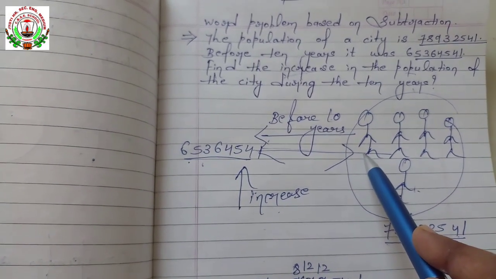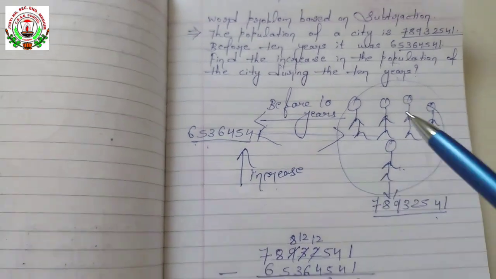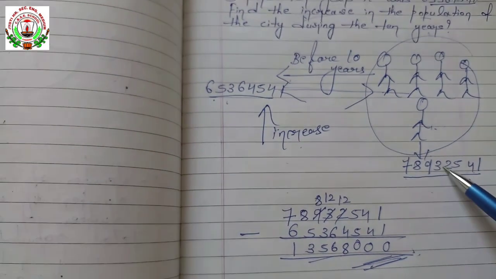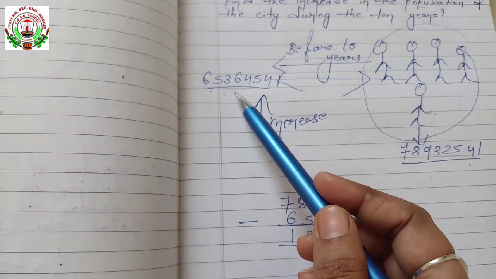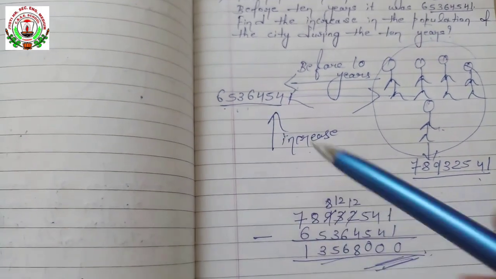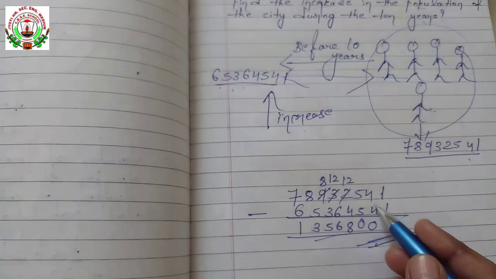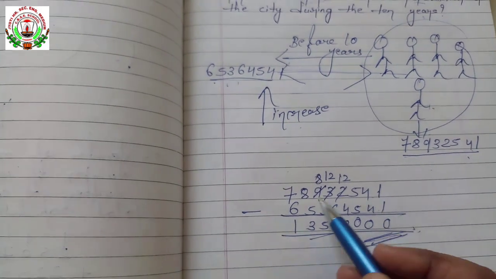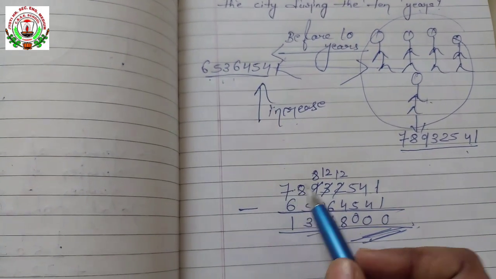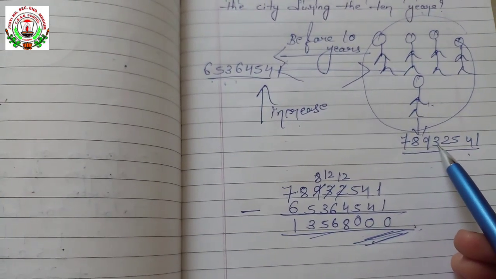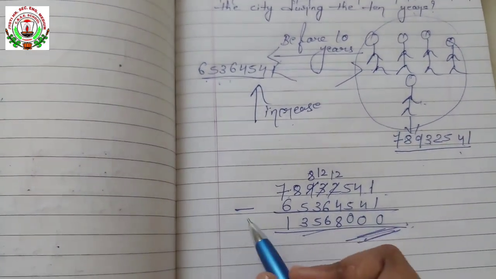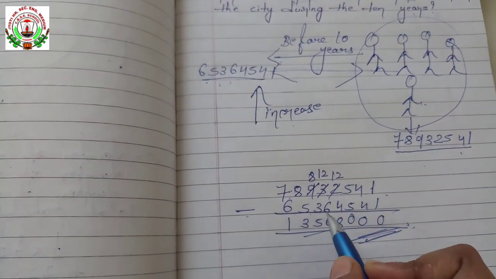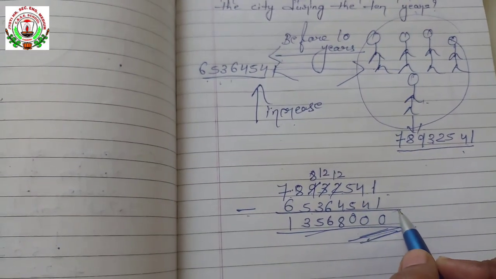So how will we find this? Simply we will subtract the population before 10 years from the recent population. So while subtracting, what answer have we got? First I have written this number, that is the recent population, 78932541 minus 6536541.